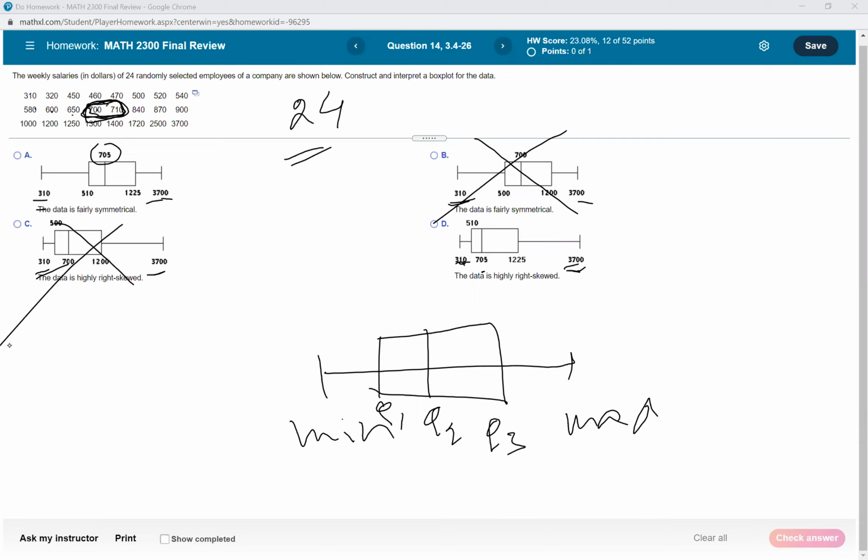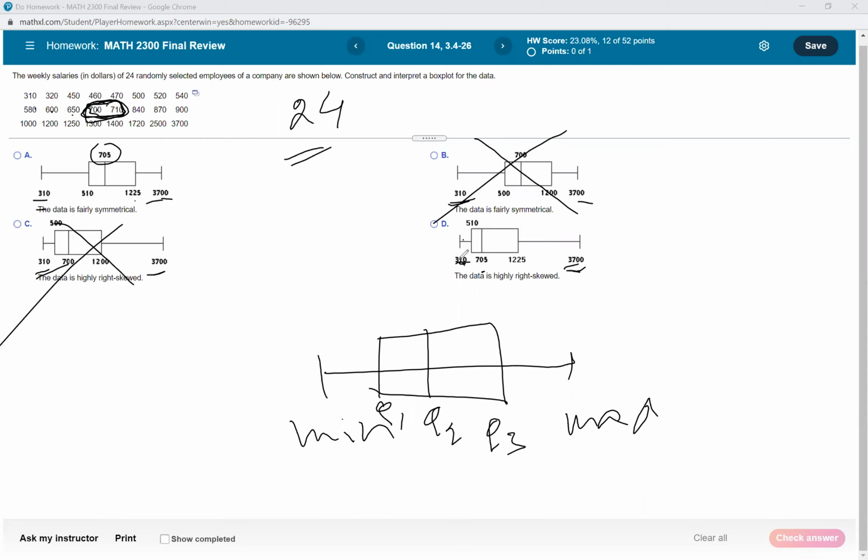Okay, so now Q1, we have 510 here and 510 here. That's also correct. We have 1225 and 1225. That's also correct. Now you will look at the difference. So here, this is 310, this is 510, and this is 705.